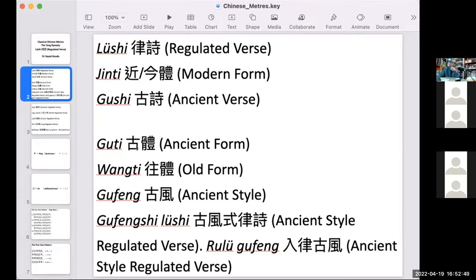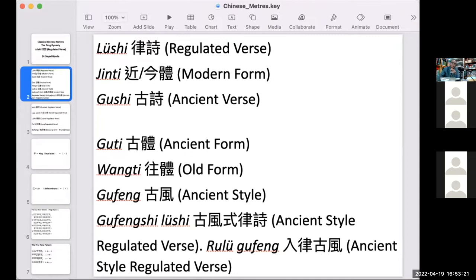That was called, you may refer to it as Guti. And here you have to differentiate between Gushi and Guti. Gushi is the old ancient classical verse, but Guti is that new pattern that prevailed in the Tang Dynasty, okay? And that was like a mixture between the rules and principles of the ancient verse, Gushi, and the new meters and new rules that were introduced during the Tang Dynasty.